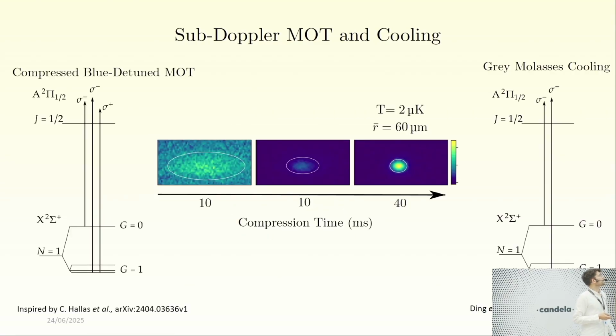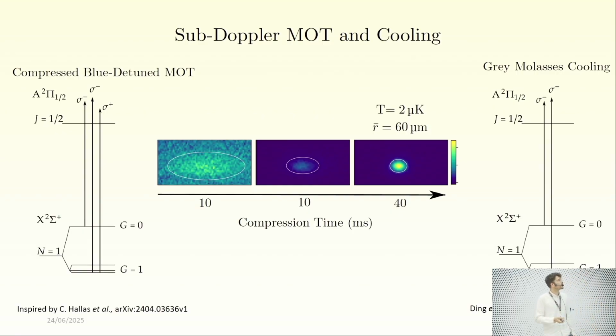We got inspired by the Doyle group, who developed the conveyor belt, or compressed, blue-detuned MOT, where we add an additional laser tone with opposite helicity, which provides a moving lattice that really sucks the molecules into the center of the magneto-optical trap.